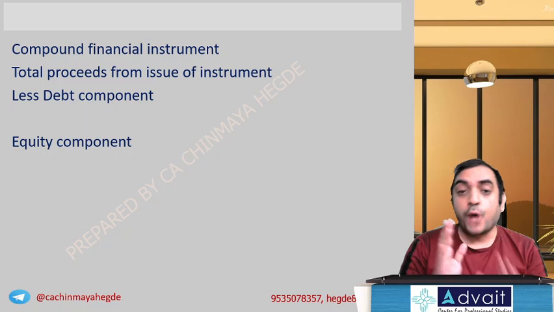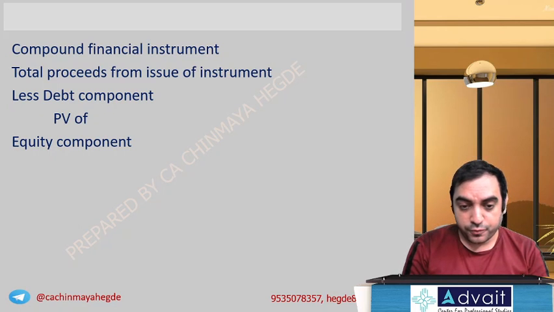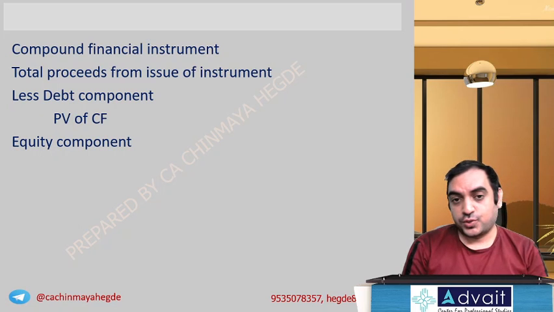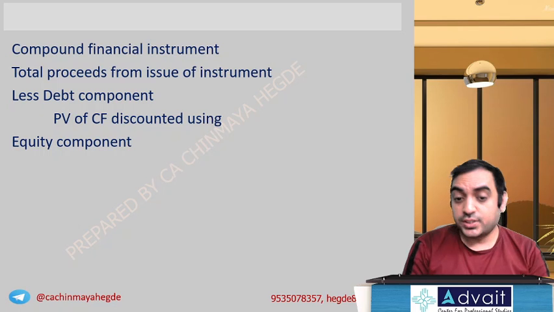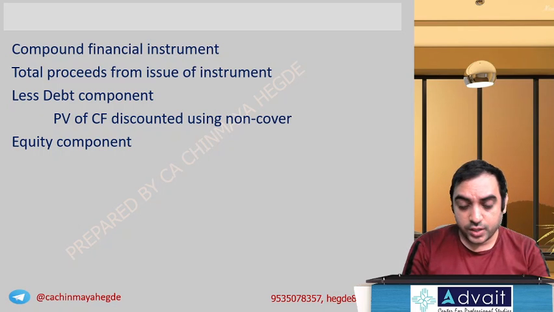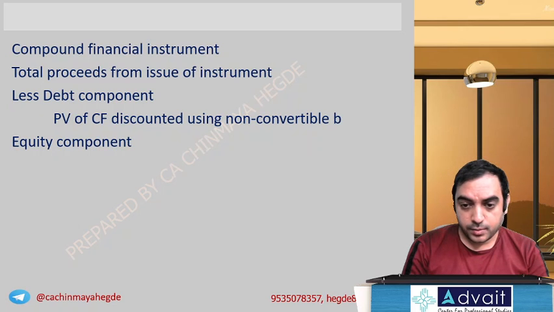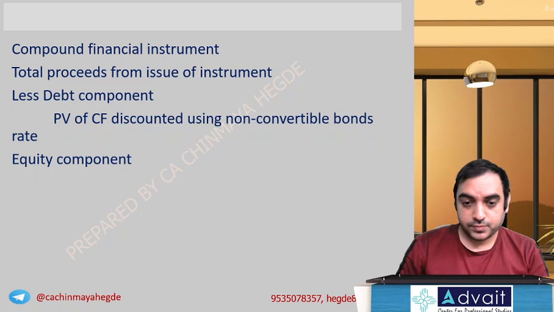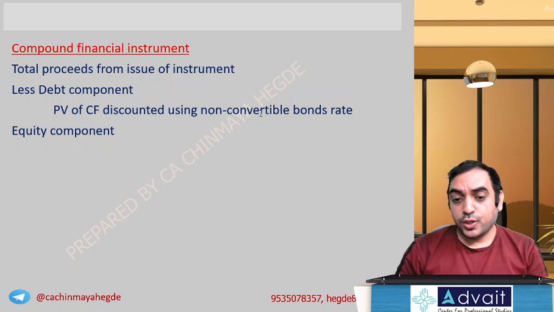You calculate the present value of cash flows discounted using non-convertible bond rates. So how are we going to split the accounting? Using this method. So we will write the total proceeds.